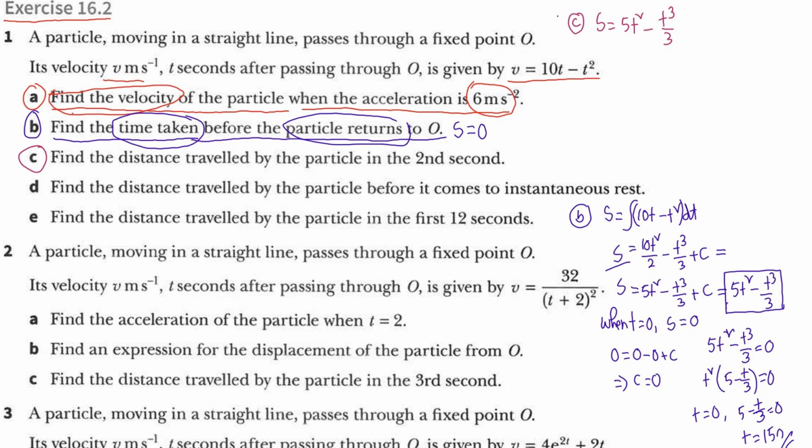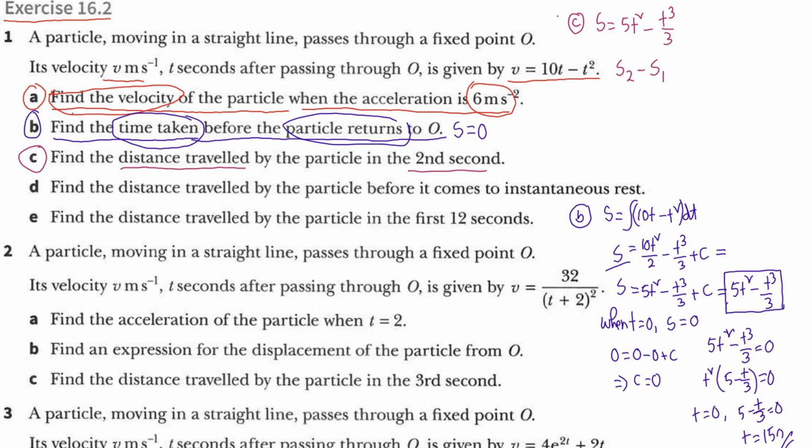It is written second, so the distance traveled in the second we can write as s2 minus s1. This is actually s2, which stands for the 2-second distance, and s1, which stands for the 1-second distance.